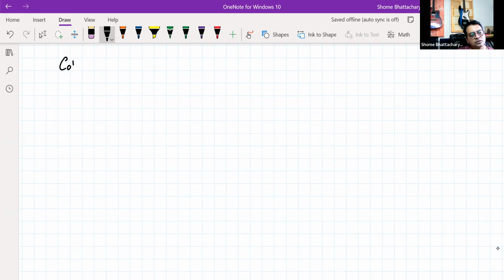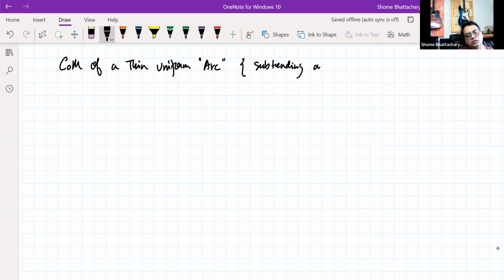So, center of mass of a thin uniform arc subtending an angle alpha and of radius capital R. So just generalizing that result now.